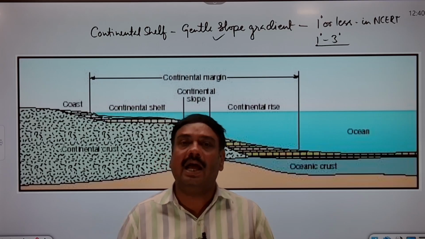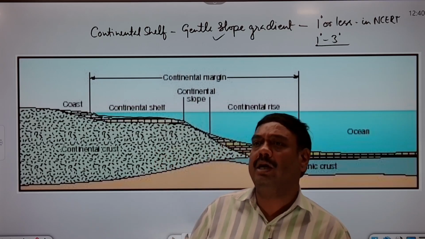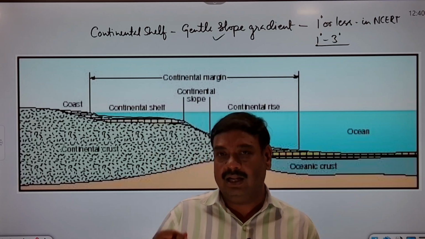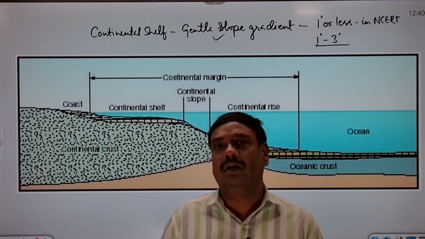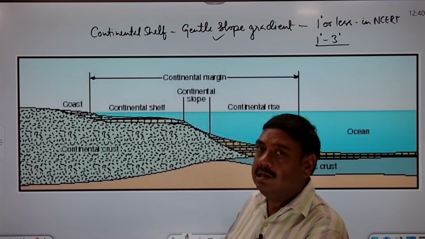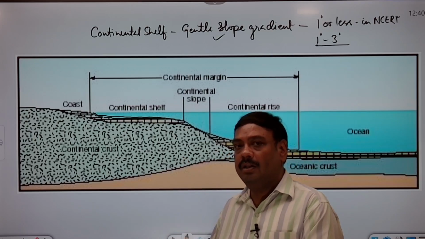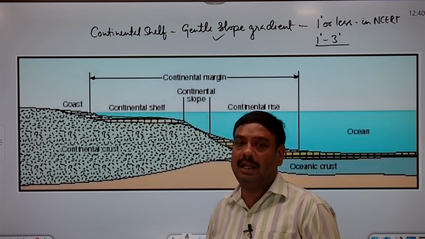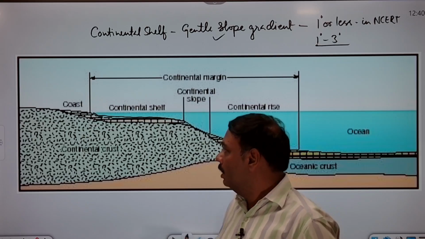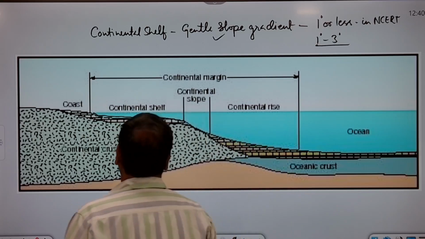So natural gas and petroleum products are all extracted. If we want to extract these things from the oceanic region, we have to explore the continental shelf region. This region is actually important for these kinds of resources. In that way you will study the continental shelf.